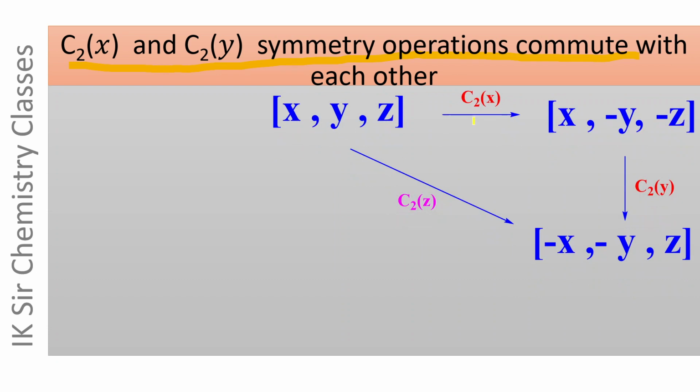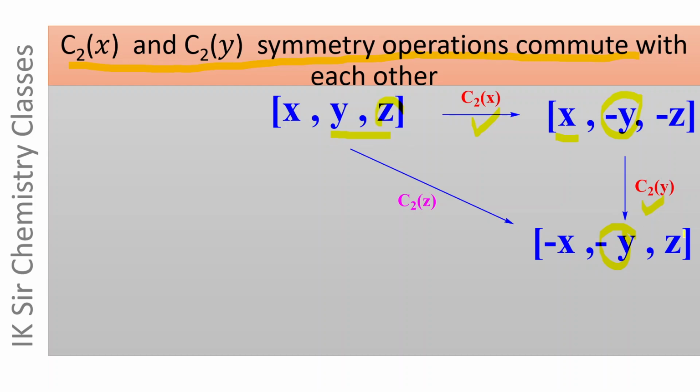Now we apply first of all C2x operation, then x will have the same sign while y and z will have opposite sign. Now let us apply C2y operation. Y will have the same sign while x and z will have opposite sign. The net result of these two rotation operations can be carried out by rotating the molecule about the z-axis by 180 degree.